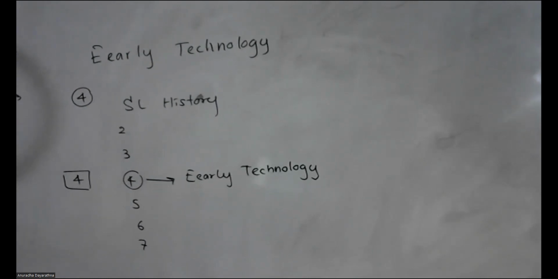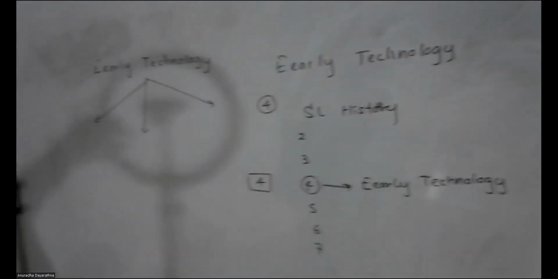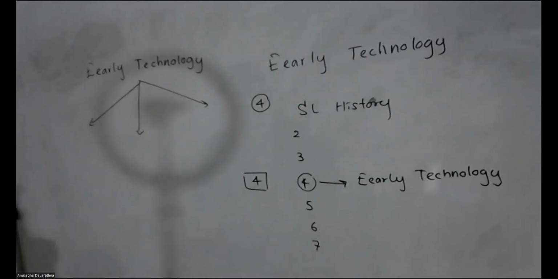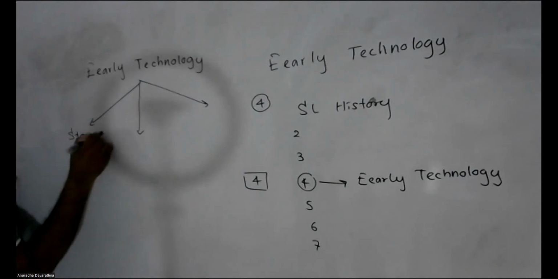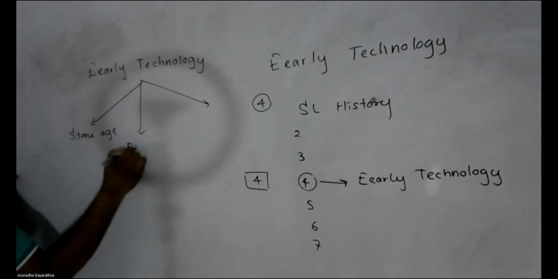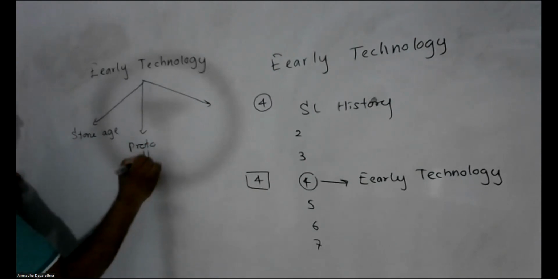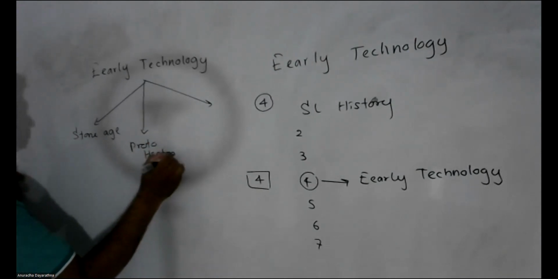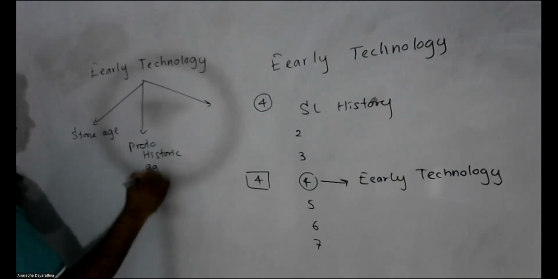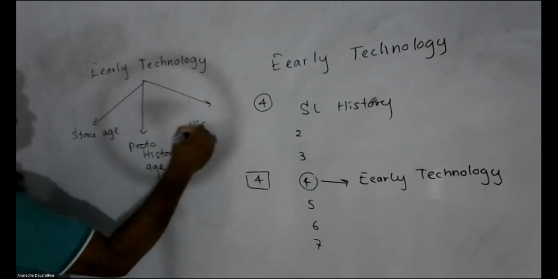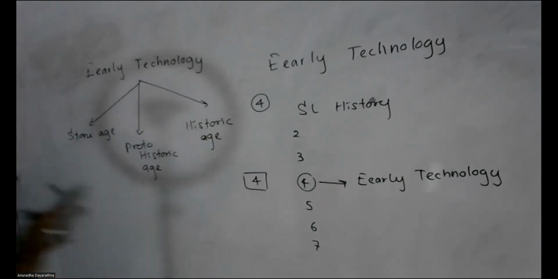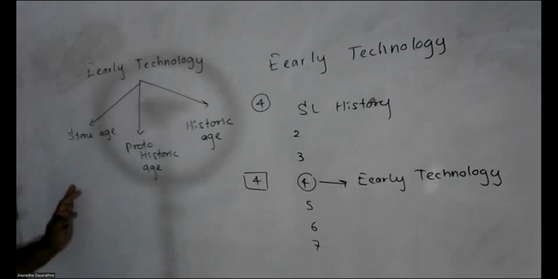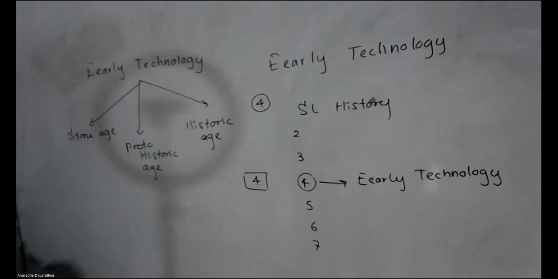So that means even in the Stone Age, even in the proto-historic time period, even in the historic age. Now you should know what the differences of these ages are. What is the Stone Age?